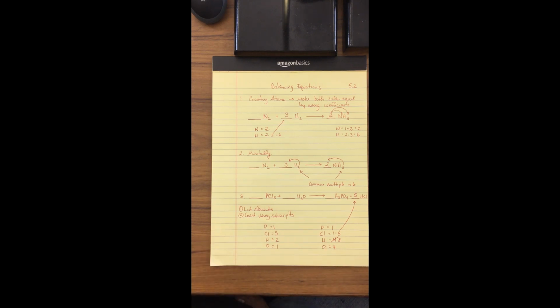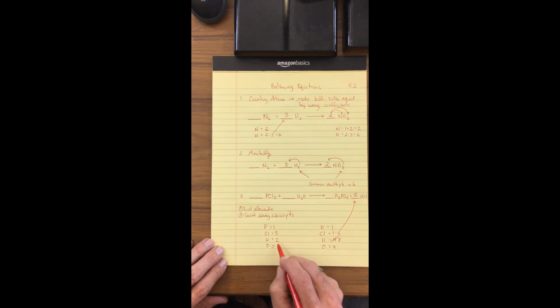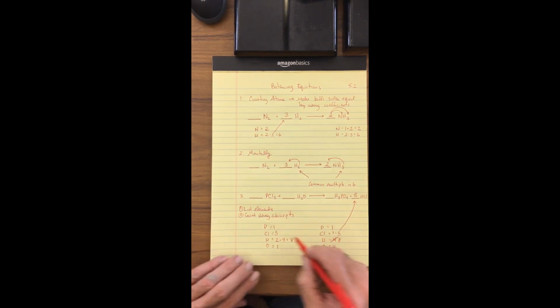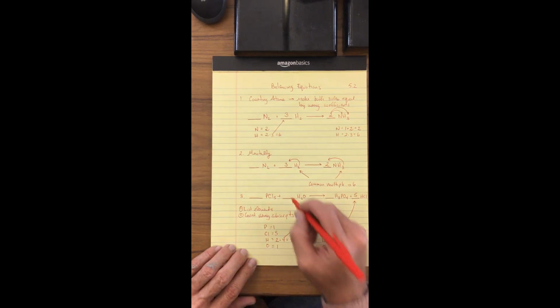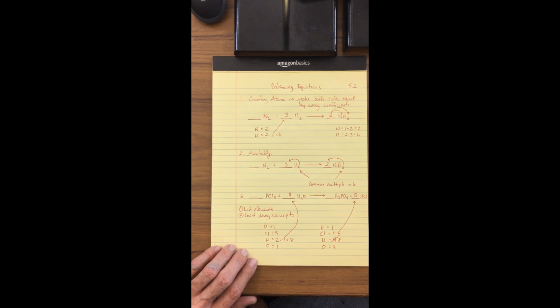What's the common multiple between 2 and 8? The lowest common multiple is going to be 8. So what do I need to multiply the 2 by to get to 8? 2 times 4 is going to be equal to 8. This 4 is going to be the coefficient over here.